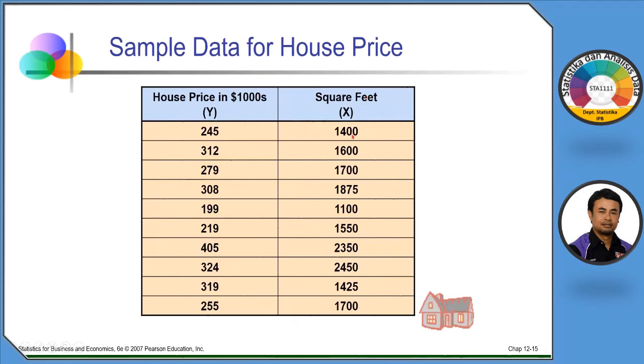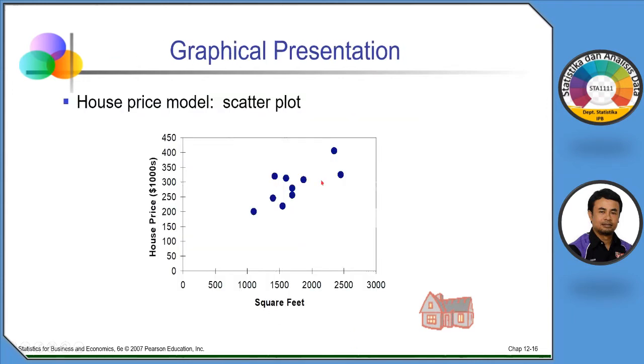If the size of the house is 1,400 square feet, the price is $245,000 US dollars. If the house size is 1,600 square feet, the house price is $312,000 US dollars.